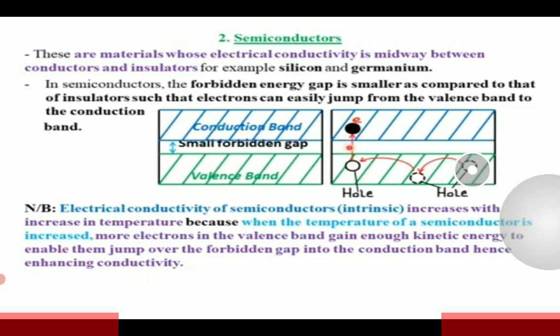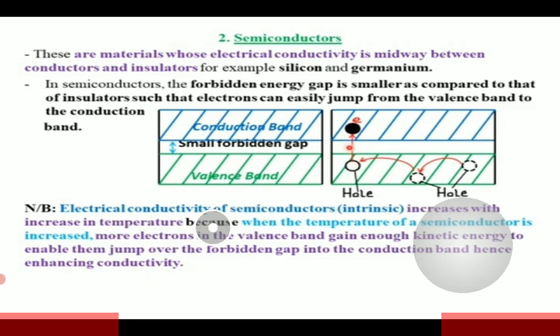So the electron gains kinetic energy, causing it to jump from one point to another, and then the energy is large enough to cause the electron to jump to the conduction band. So as many electrons as possible, when heated, will gain kinetic energy and jump to the conduction band. So how do we increase the conductivity of semiconductors? By simply heating the material.